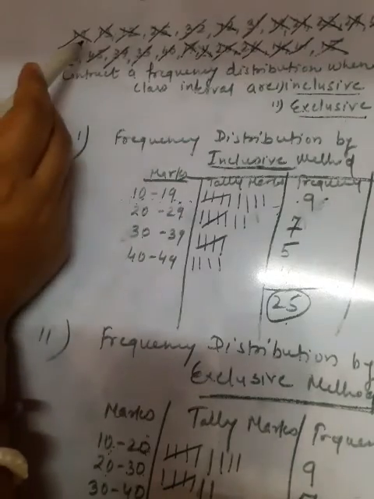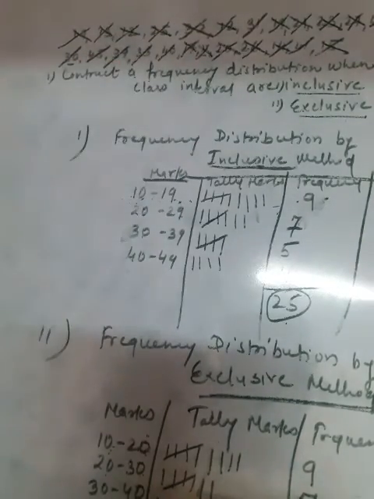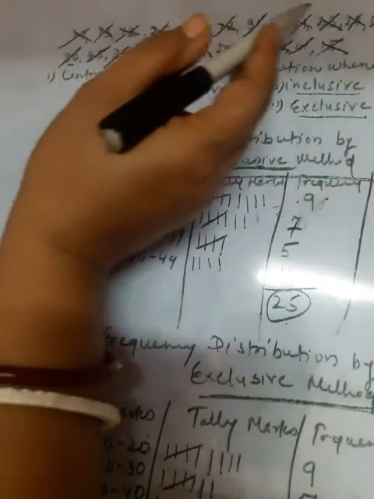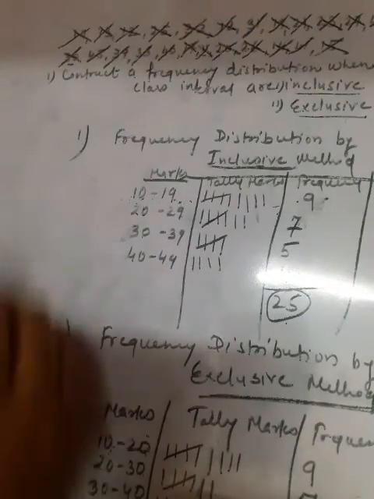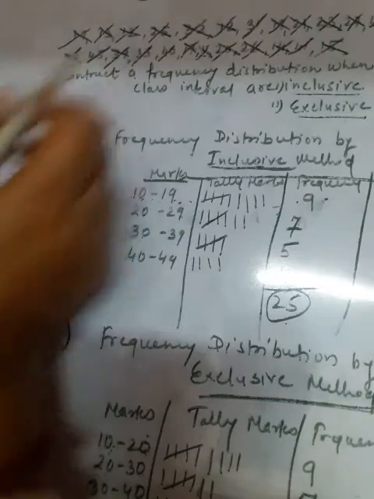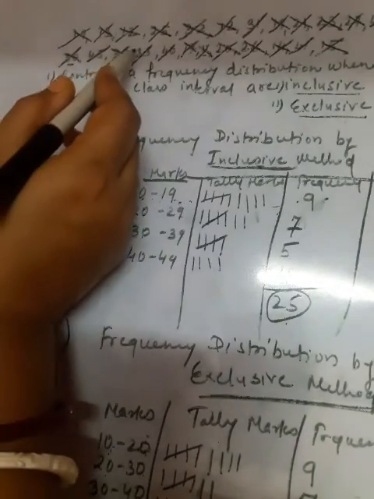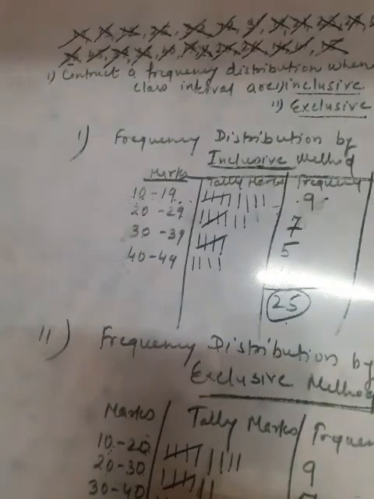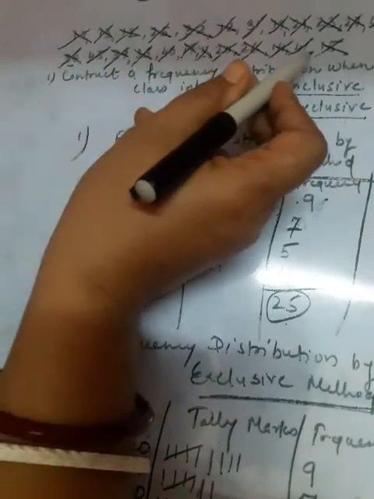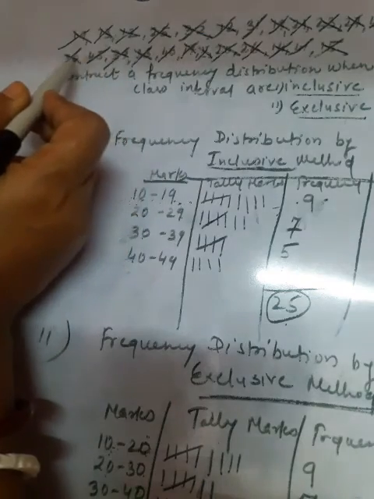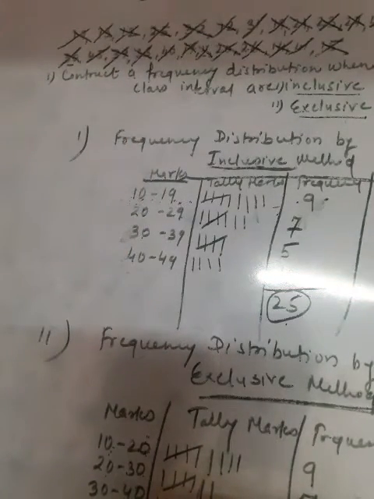Okay, 30 to 40. Here 32, 1, then 2, 39, 3, 33, 4, one more is here, that is 5.